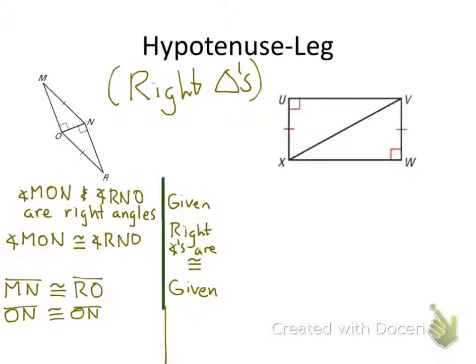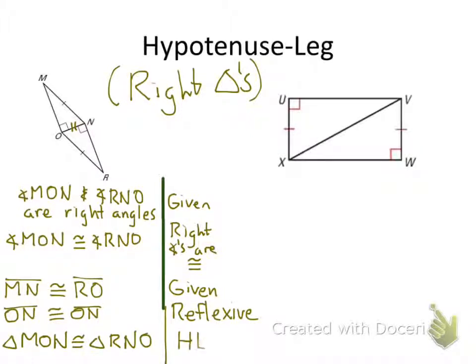That would be the reflexive property again. Sure is popular, that property. Which now when we go back up and mark that, we see that the hypotenuse and the legs are congruent, so we get triangle MON is congruent to triangle RNO by hypotenuse leg.